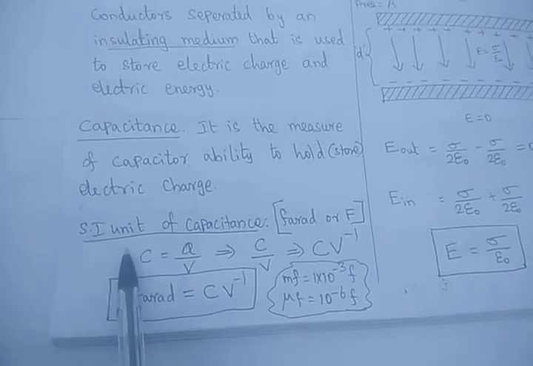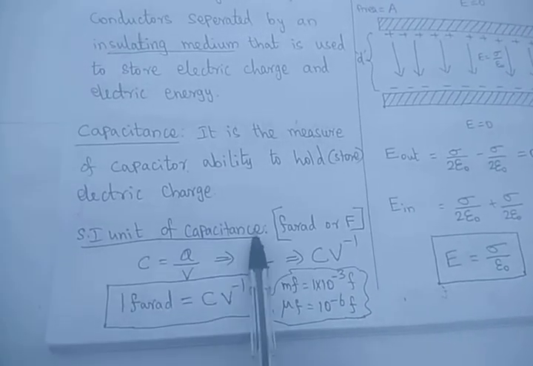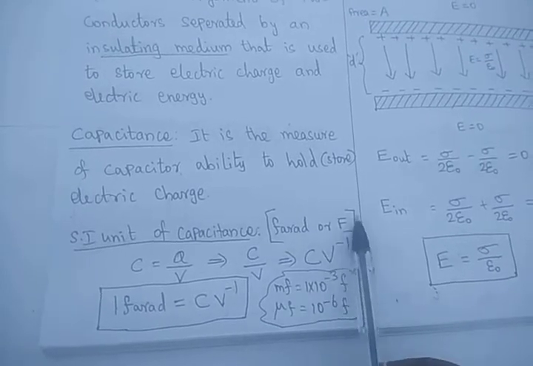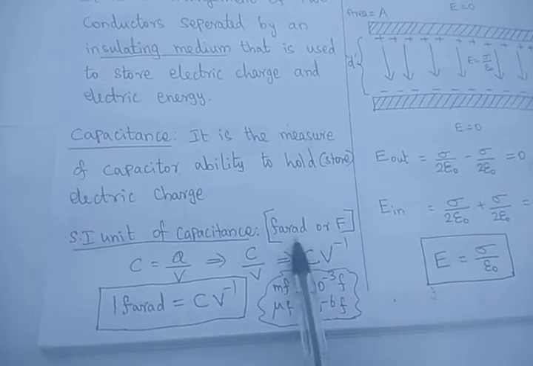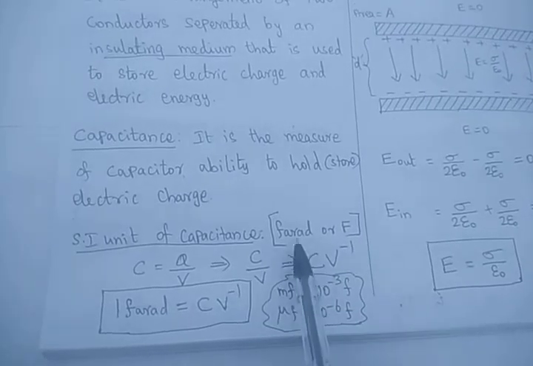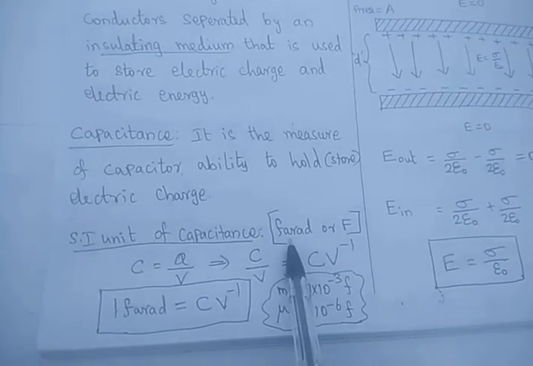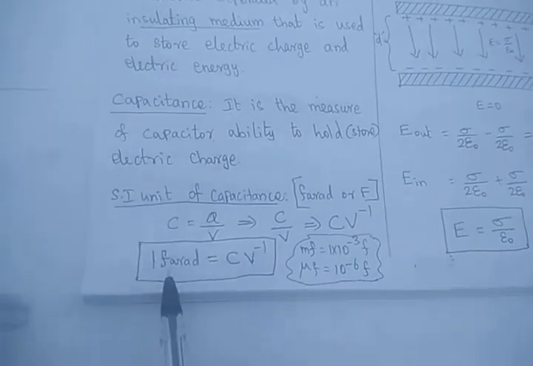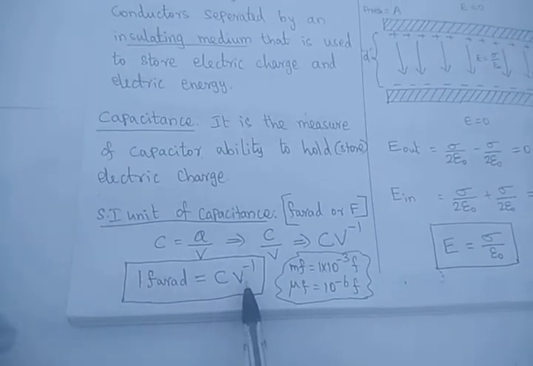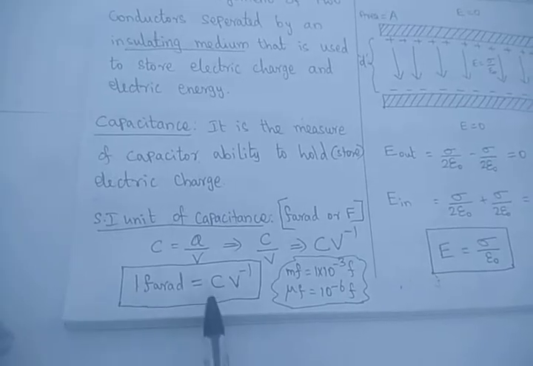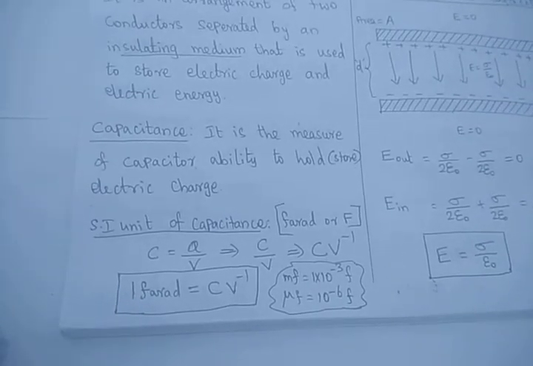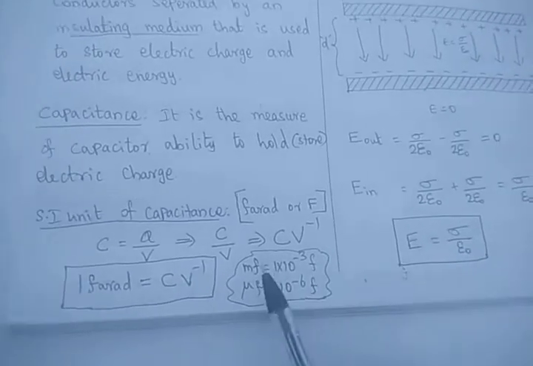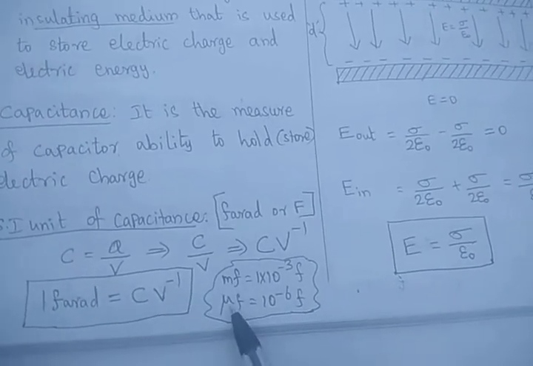So the SI unit of capacitance is the farad. The symbol is a capital F, and we write the unit name in small letters, because it is named in honour of Faraday. So 1 farad equals 1 coulomb per volt. 1 farad is a very big value, so we represent capacitance in millifarad or microfarad.